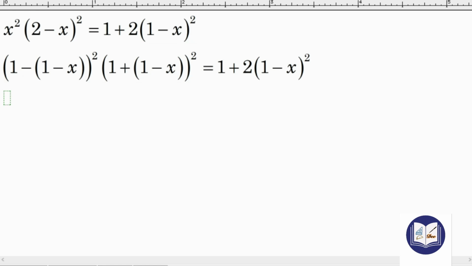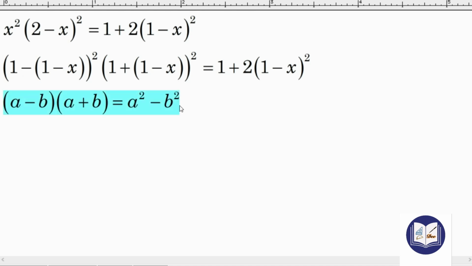Now I want to remind you of a formula: when we have two factors, a minus b and a plus b, it is equal to a squared minus b squared. That is the formula that we are going to apply to the left hand side of the equation here.